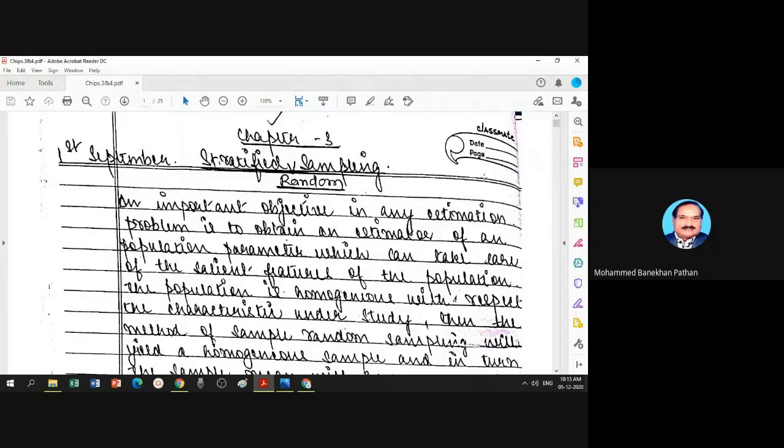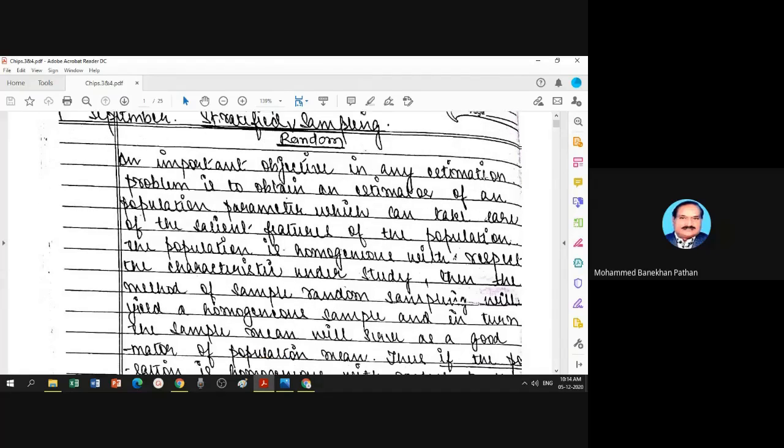Let us see the difference between stratified random sampling and simple random sampling. An important objective in any estimation problem is to obtain an estimator of the population parameter which can take care of the salient features of the population.